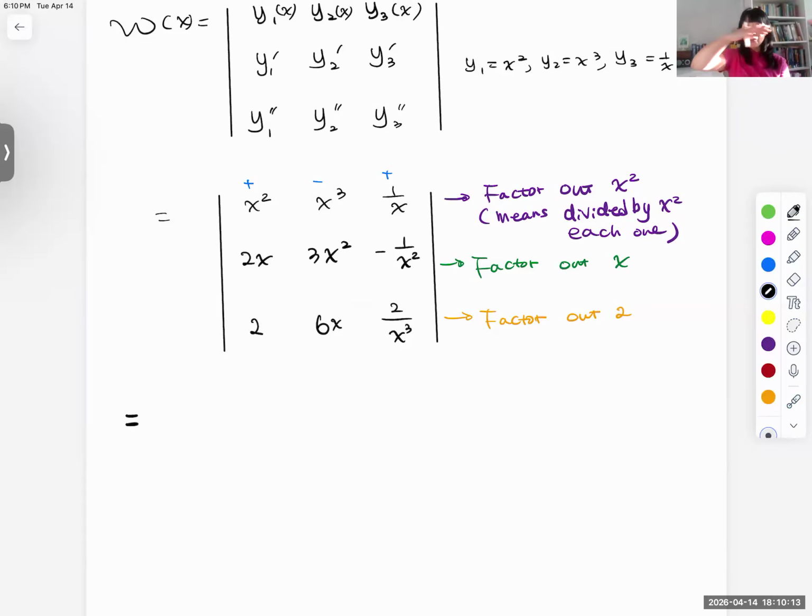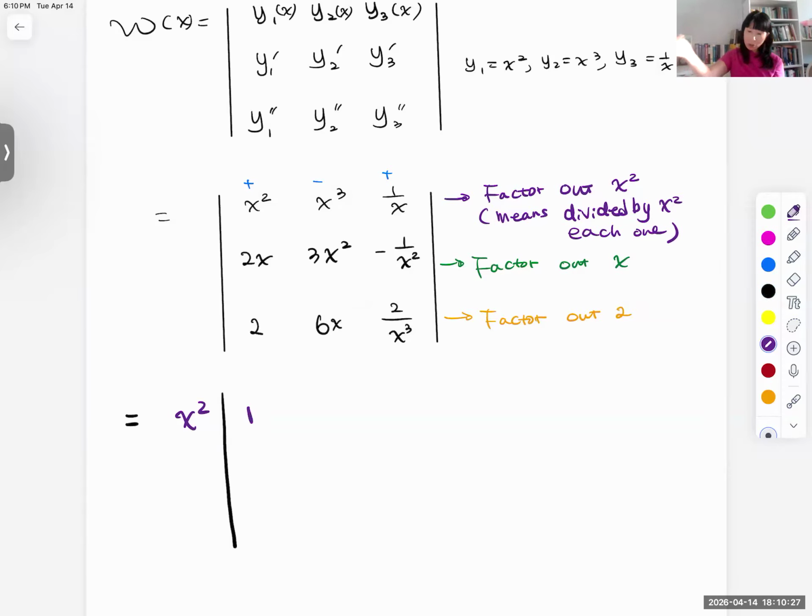Then the first row, we have x squared with a purple, so I'm going to write down x squared with the purple. Then inside we have 1, right? And x squared factored out means divide by x squared. We knew, right? So it's x.